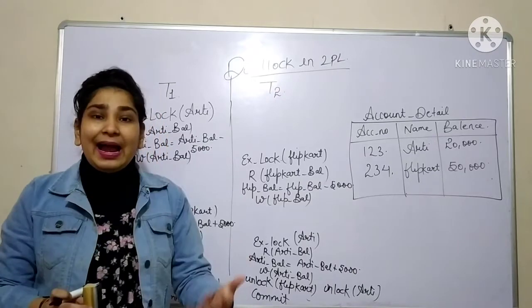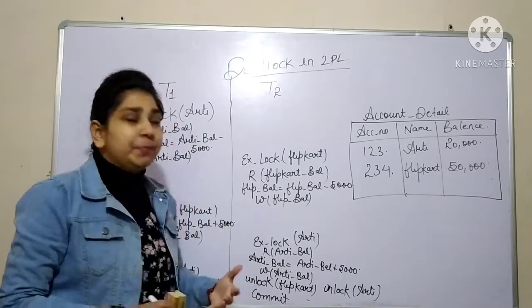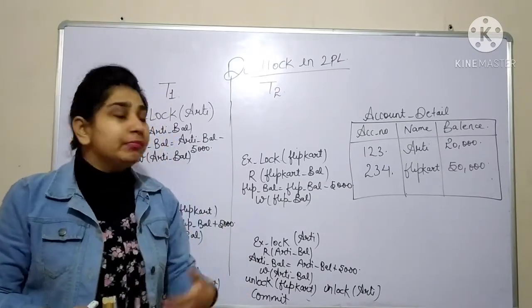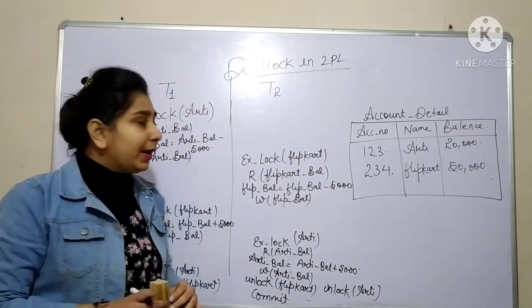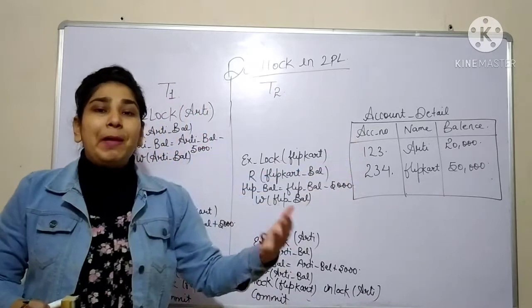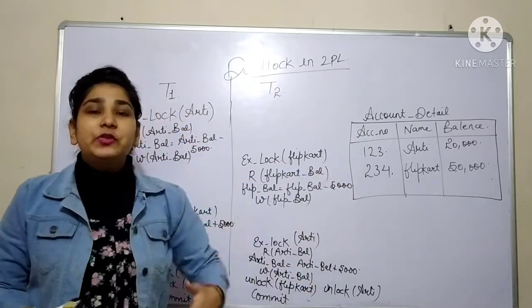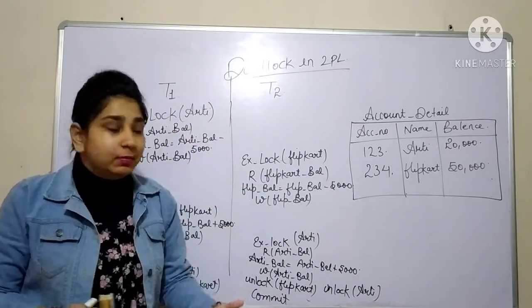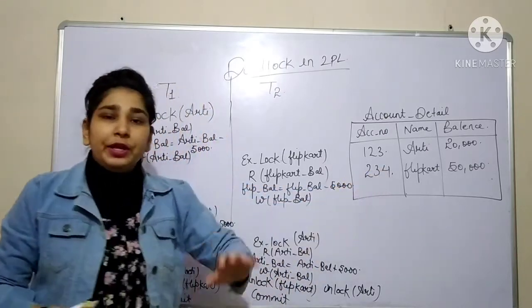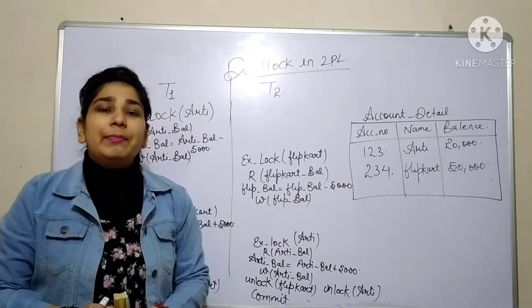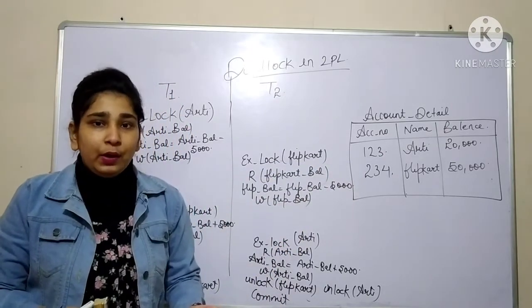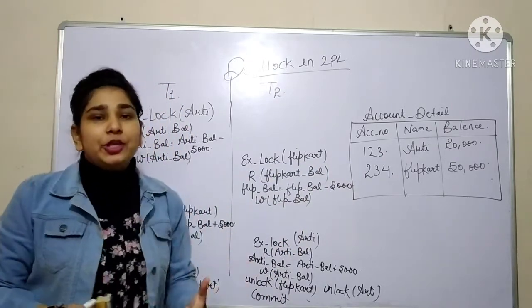At the same time Flipkart is refunding some money to Aarti's account. In the past Aarti returned some item, so now Flipkart is going to refund that amount to Aarti's balance account. So this is the situation.